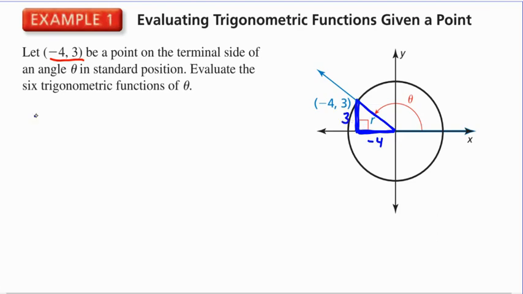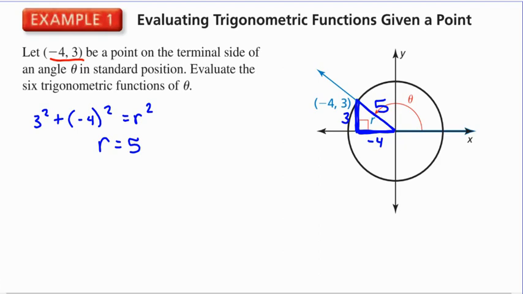So then I just take 3 squared plus (-4) squared equals r squared. When you square, add, and square root, you find out that r equals 5. So the hypotenuse has a length of 5.